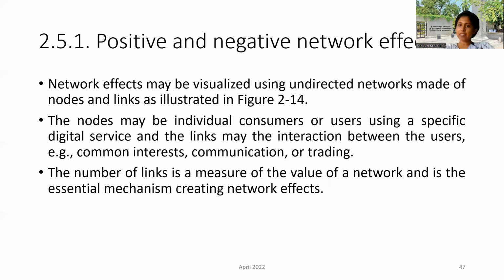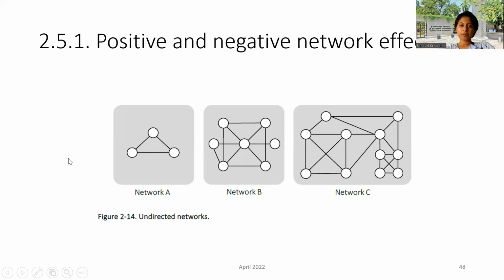Then on the other hand, what is a link? Links may be, this should be actually may be, right? Change it please. And links may be the interaction between the users that are a part of the network, right?